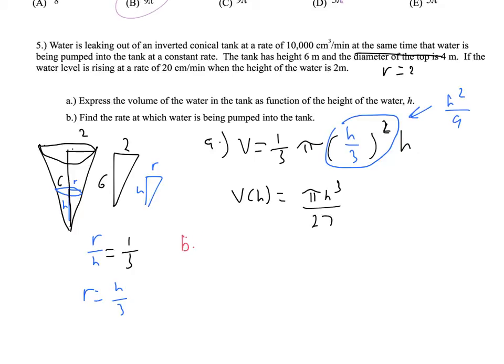B. The rate at which water is being pumped in. So whenever we have rate, think derivative. So dV/dt is equal to pi h squared over 9, because 3 over 27 reduces, dh/dt.